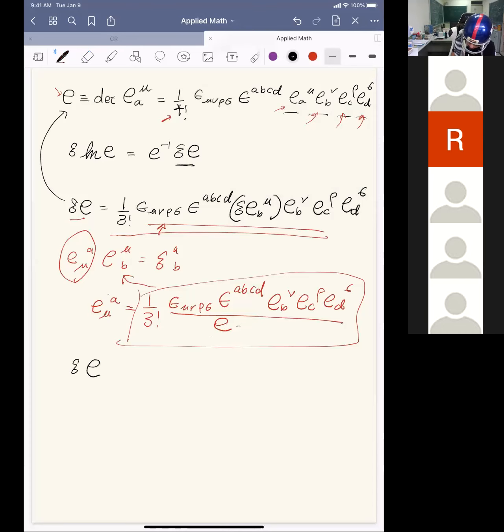The variation of E, which is 1/4! of this guy, is just equal to the variation of E_B^mu times E times the inverse.